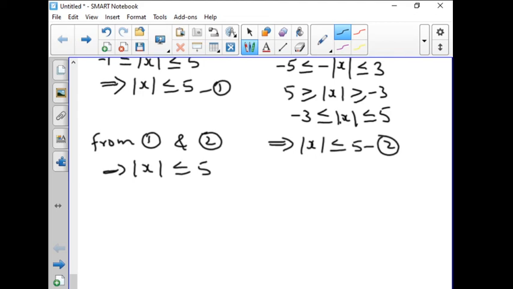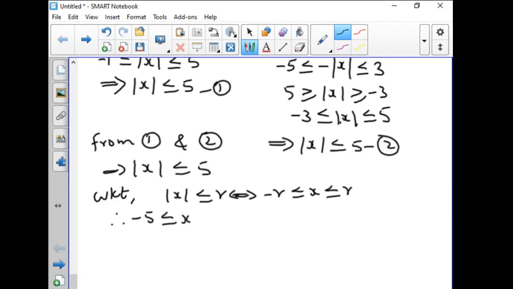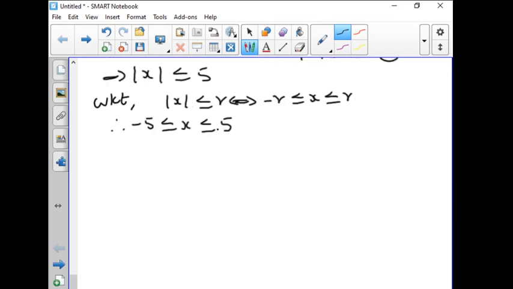Since we know that modulus of x is less than or equal to r if and only if minus r less than or equal to x less than or equal to r, we have seen this in plus 1. Therefore, minus 5 is less than or equal to x less than or equal to plus 5. So, this is the solution.